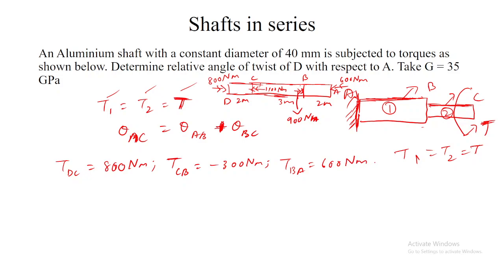So based on all these values, you have to calculate theta. What is the polar moment of inertia here? J is pi by 32 d to the power 4, and d is 40 mm. What is the value of this?